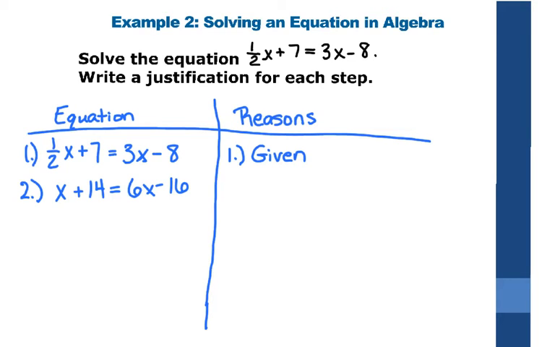So 1x. Multiply that by 2, we get 14. Multiply that by 2, we get 6x. Multiply this by 2, we get 16. So we're just using the multiplication property of equality in this step here. Multiplying by 2. So multiplication property. Just abbreviate it for me, please.